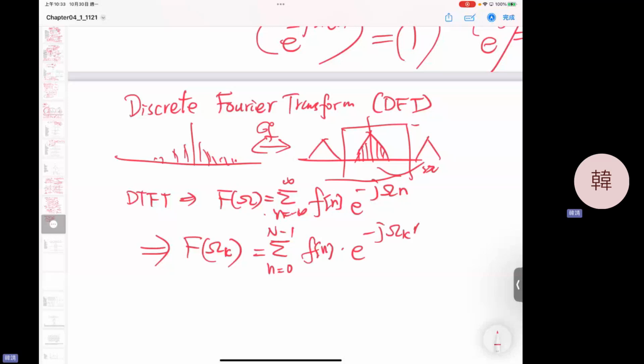So this is the mathematics of the DFT, discrete Fourier transform. The definition is like this. Okay. So now you know why we can write this directly. Discrete time Fourier transform and discrete Fourier transform, 4 different major steps.